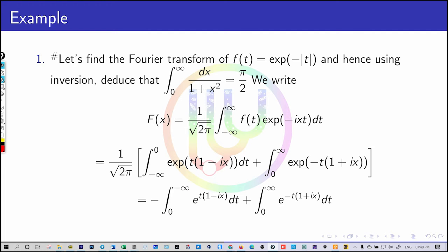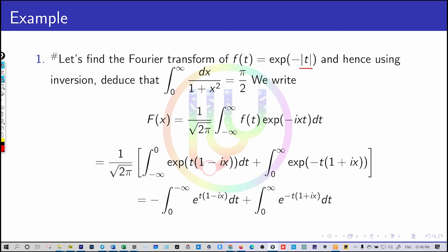Okay. So we'll start with taking the Fourier transform of this function. So f of s, or f of x, is equal to 1 by root 2 pi integral from minus infinity to infinity f of t e raised to minus i x t dt. Now what I am doing is f of t ക്ക് എന്ത് ചെയ്യാം, e raised to minus t സബ്സ്റ്റിറ്റ്യൂട്ട് ചെയ്യാം. പക്ഷേ e raised to minus mod t ആണ്.